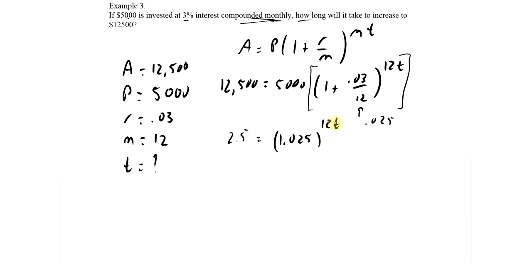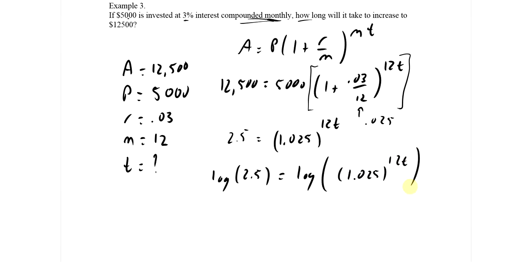How do we get this out of the exponent? Take the logarithm of both sides, to the 12t, like that. And now the logarithm of something raised to a power can come out front as a coefficient. So log of 2.5 equals 12t times log of 1.025. Okay.